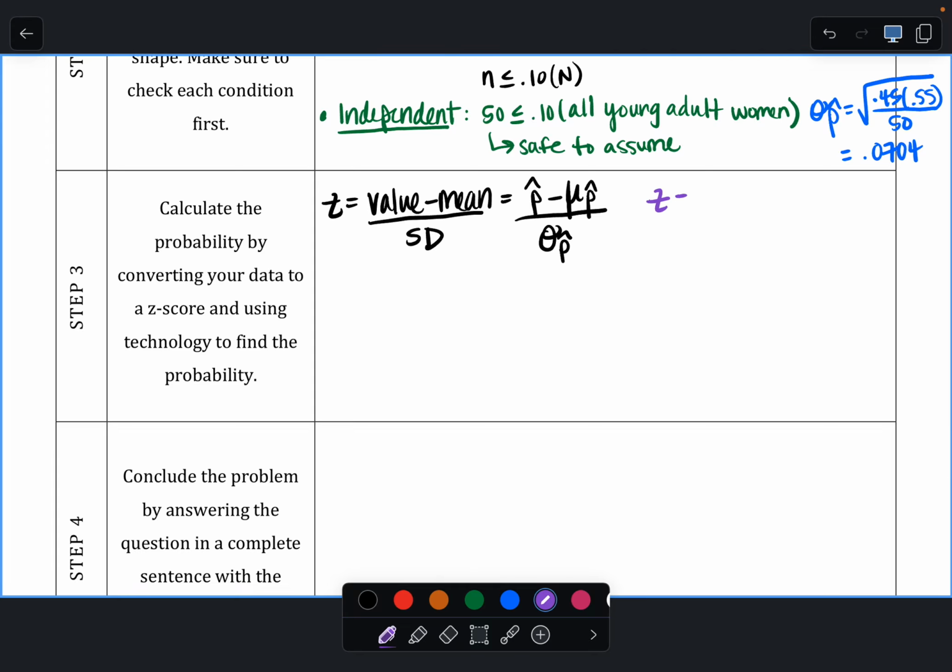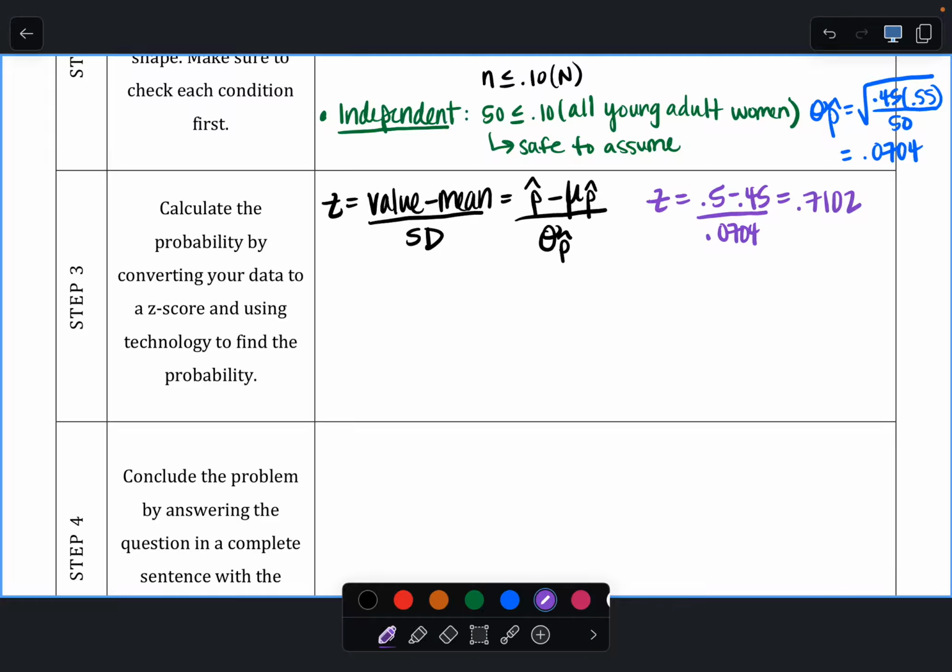So z is equal to 0.5 minus my mean, which was 0.45, all over my standard deviation, 0.0704, which gives my z-score of about 0.71. Not brand new information, hopefully.